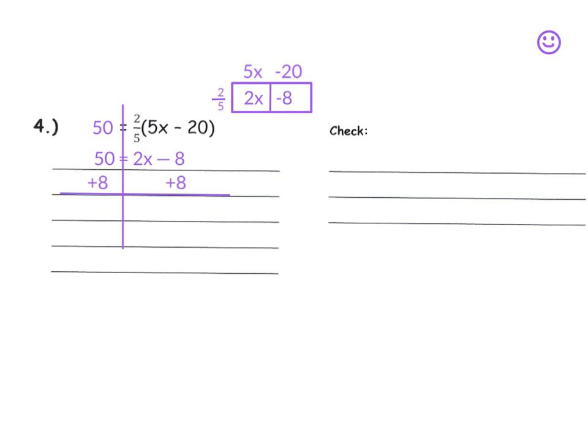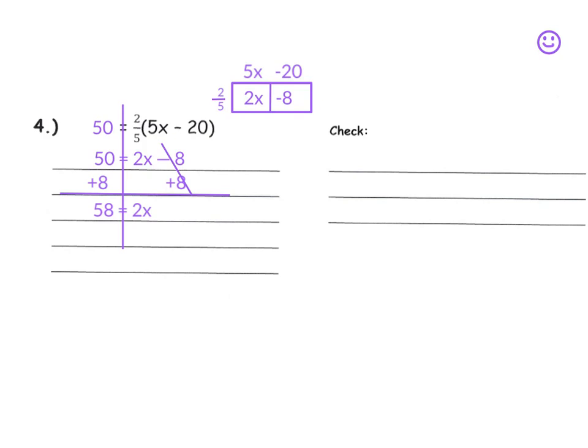Then I have the negative 8 plus 8 ends up giving me a 0, so that will cancel out. And I have 50 plus 8 on the left side, which is now 58. And I have 2x left on the right side, so now I rewrite it as 58 equals 2x. So now, following our steps, the next step is to either multiply or divide in order to get that variable by itself. So the x is being multiplied by 2. The opposite of multiply by 2 is to divide by 2.